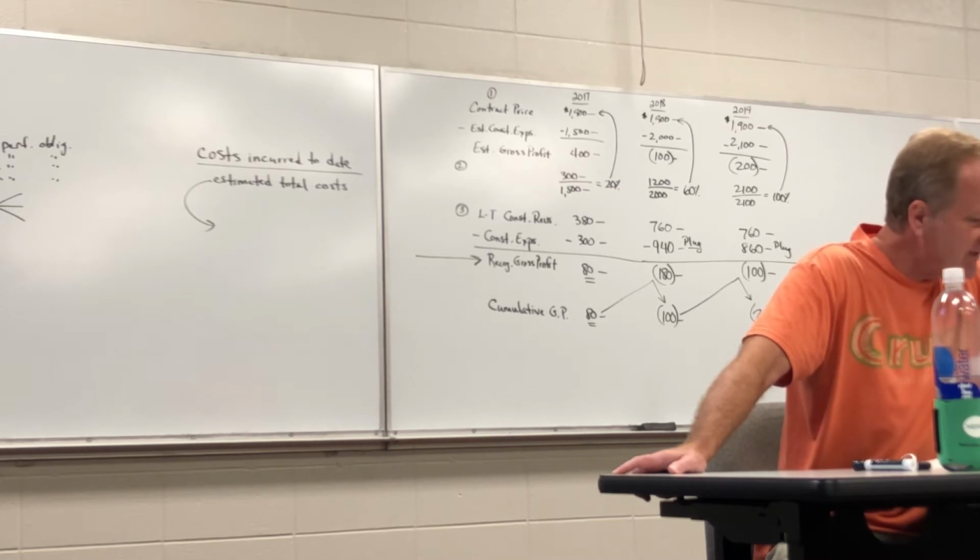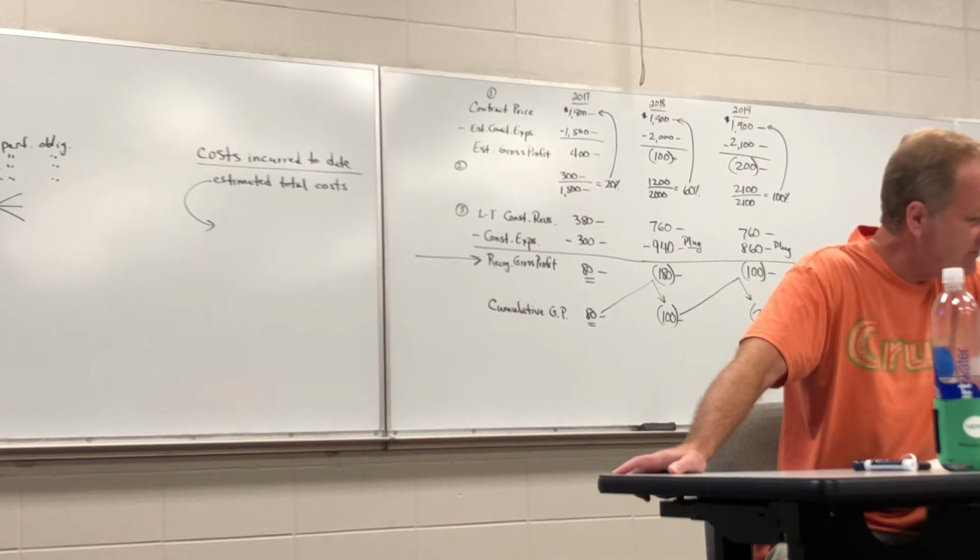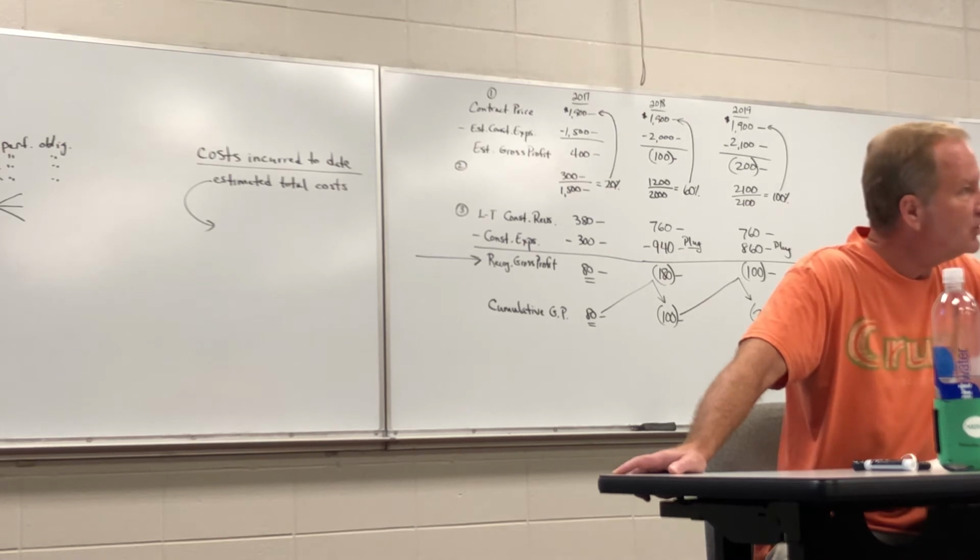The actual costs incurred to complete the project were $500,000, $900,000, and $600,000 respectively. So let's add that. 5 and 9 is 14 and 6 is 2 million, so we were right on the ball there.